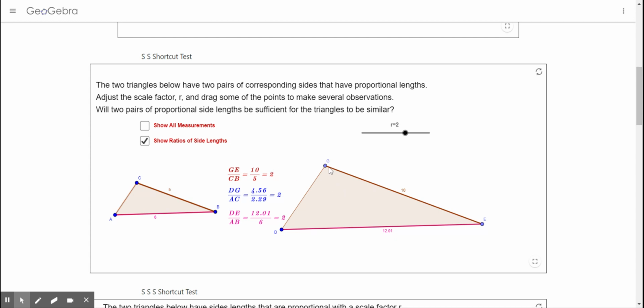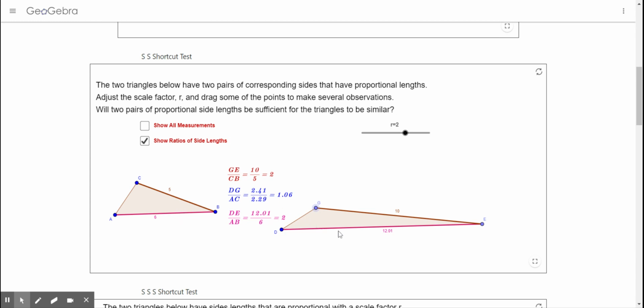If you can picture, I could take this right here and move it down, still keeping the same two lengths. If I move it down, you can notice the two corresponding side lengths that we were given are still in proportion, but this one on the left here is not in proportion anymore. Obviously, this is a very different triangle than this.